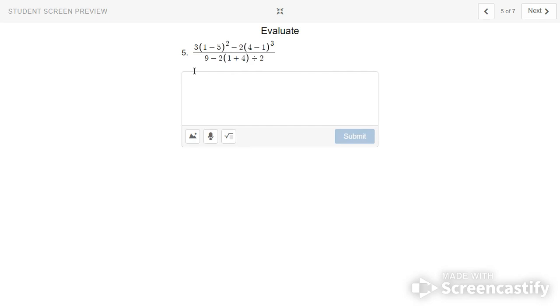Last example here, we're going to evaluate this. And remember, we need to start simplifying the numerator separate from the denominator. And only after we simplify it are we going to put them together.